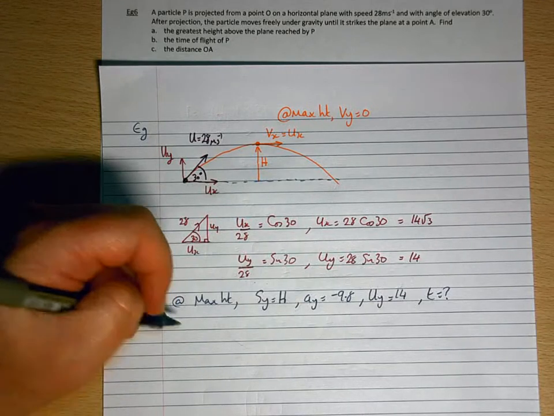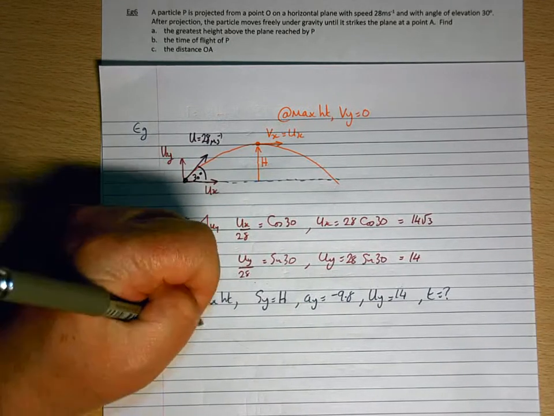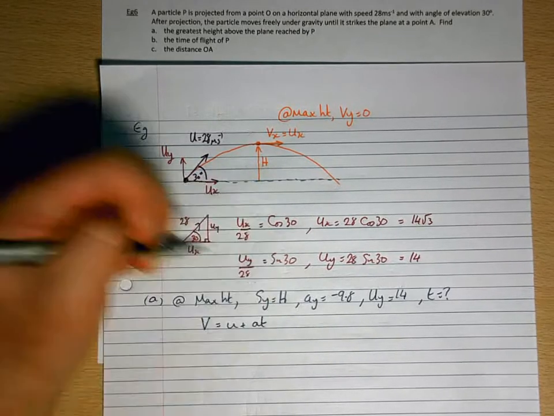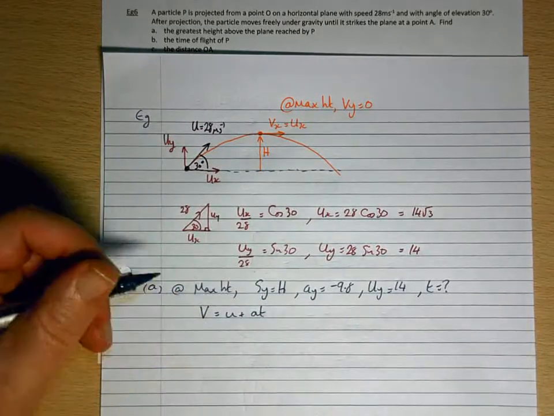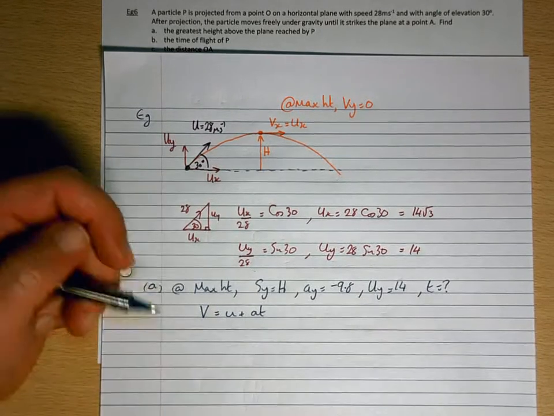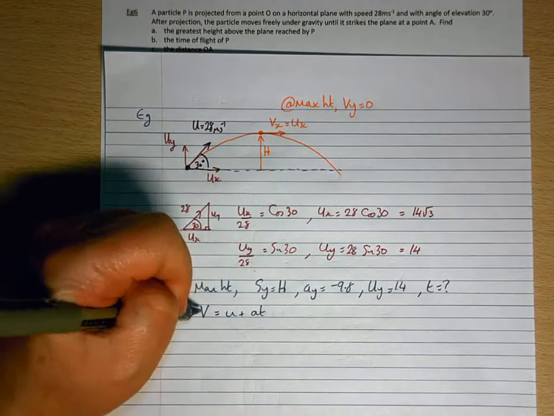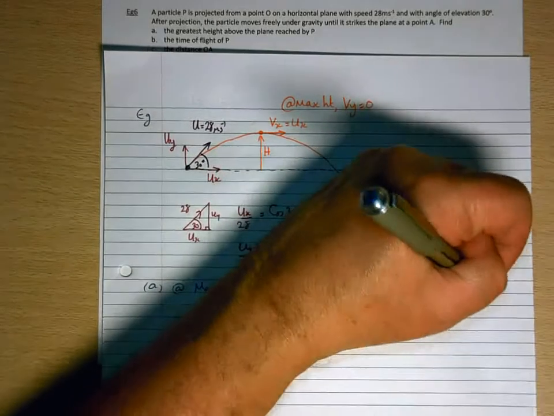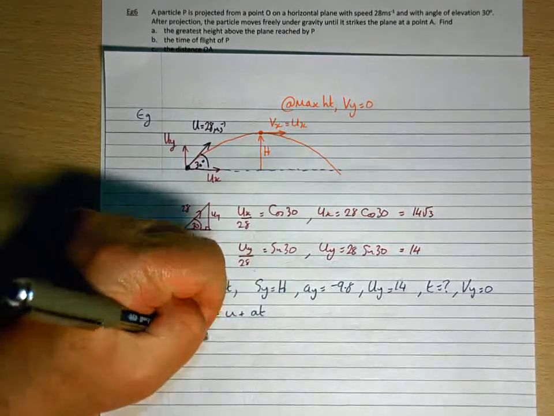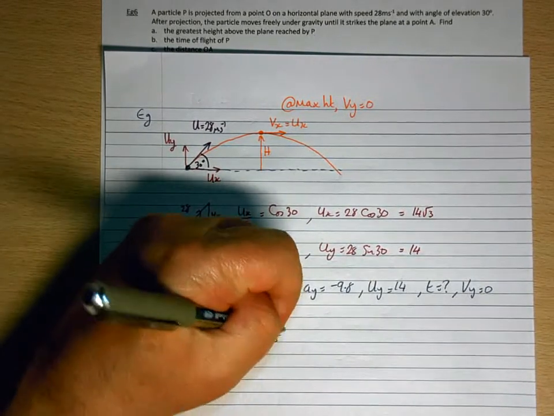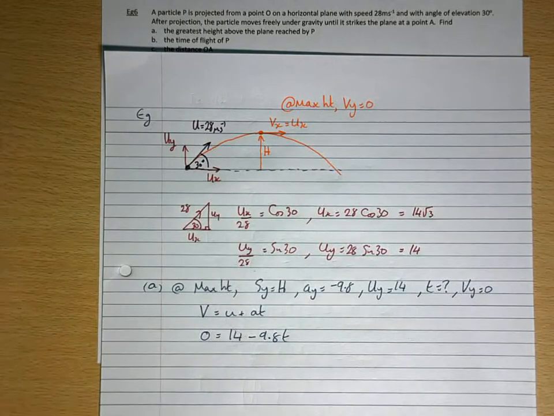We are going to use, first of all, v equals u plus at. We have no information on horizontal motion, so we don't need the vector part of it. We're only going to use Vy, which we know is 0, equals uy, which is 14, minus 9.8t.